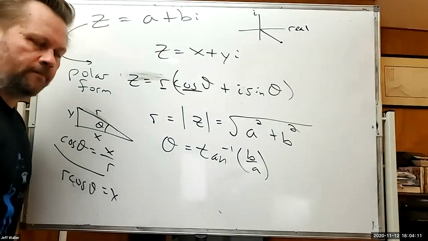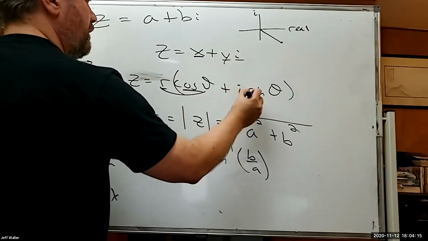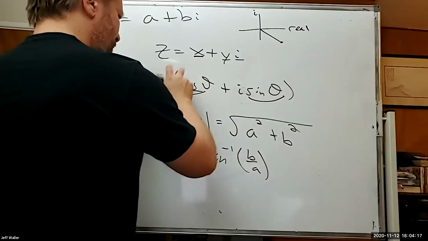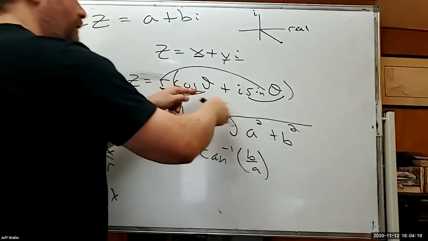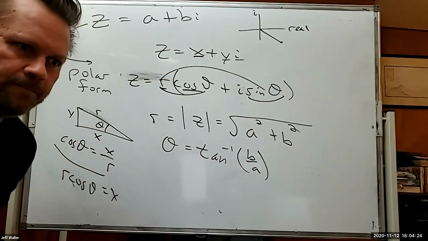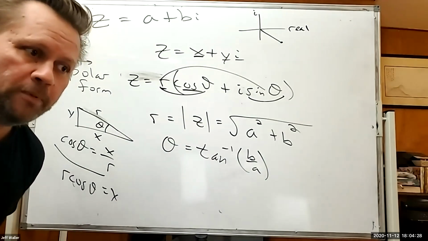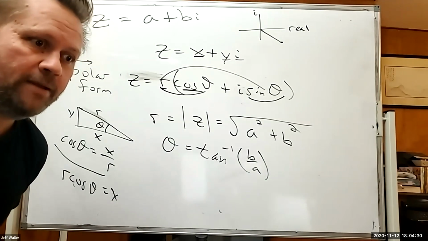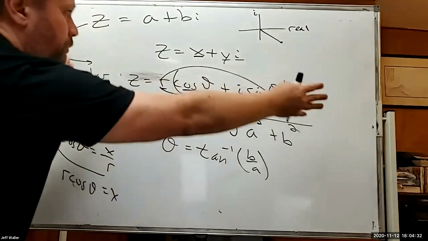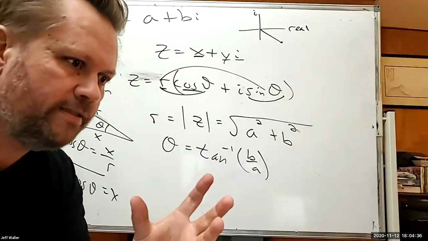So x is r cosine theta, and yi is r sine theta times i. They're equal to each other. So you might ask yourself, what's the purpose then? All we did was write the same thing with more symbols. So it's kind of funny. I'm trying to talk this down.